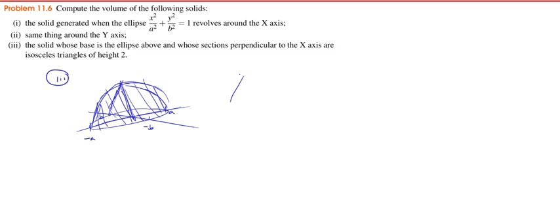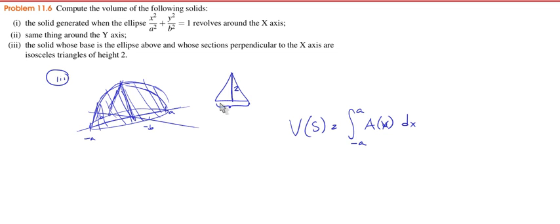And so you have the section here, and the volume of this is going to be the integral between minus a and a of the area as a function of the point x, dx. And the area of this triangle, let me paint it more accurately. This is an isosceles triangle, and the height of this triangle is 2, and the base of this triangle is, this is minus y, and this is y, so the base is 2y.